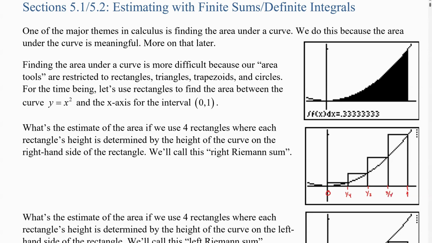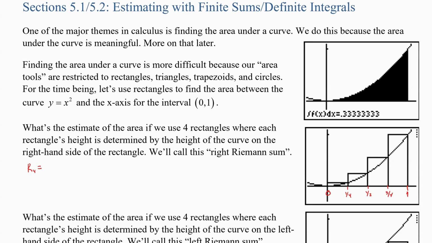And then we're going to find the area of each of those rectangles. We're going to call this R sub 4, a Riemann sum using the right hand to determine how tall the rectangle is, and we're going to use 4 subintervals to do that.